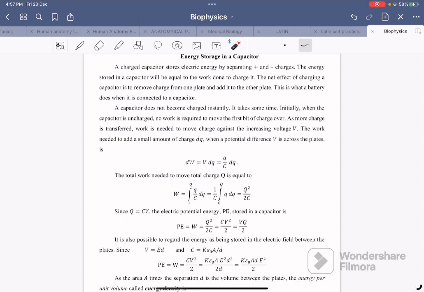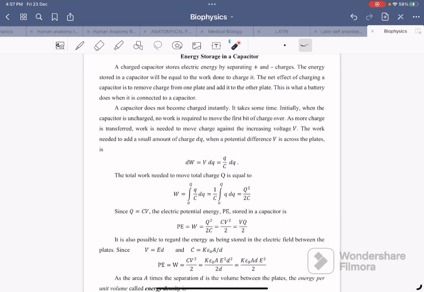So it is q, which is the charge of that plate, divided by the capacitance of the two plates, and dq is the smallest charge at infinity. And we all know that capacitance will be a constant value.